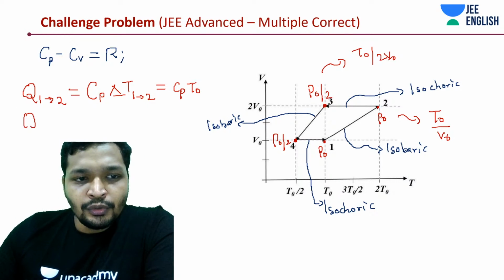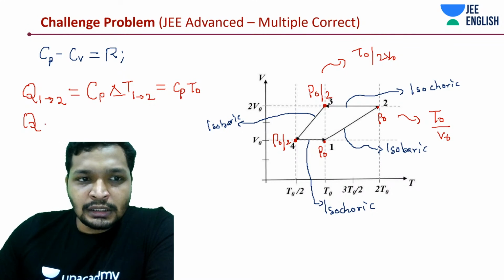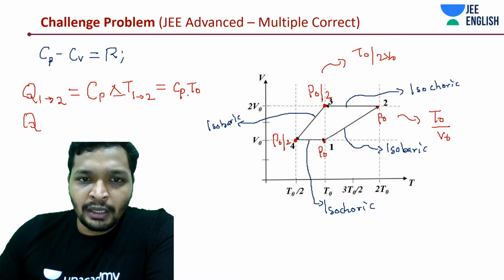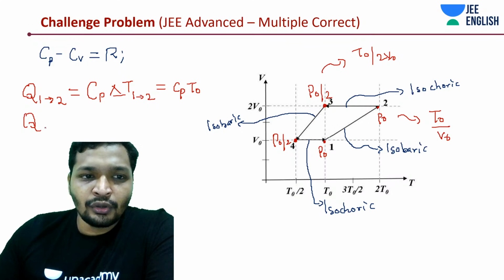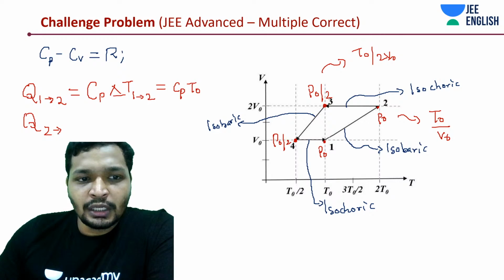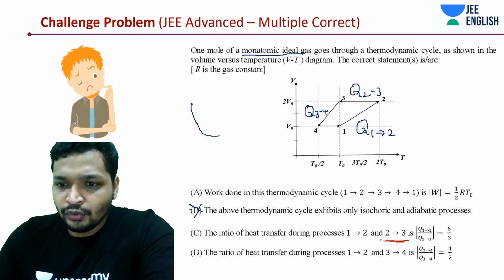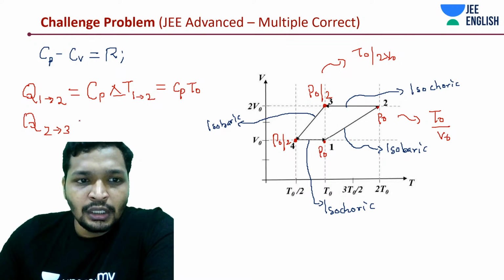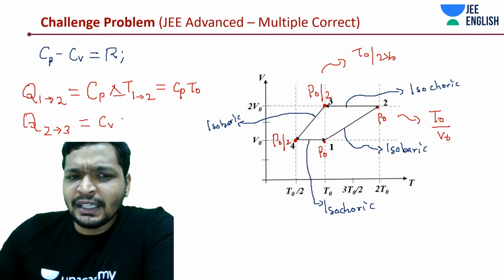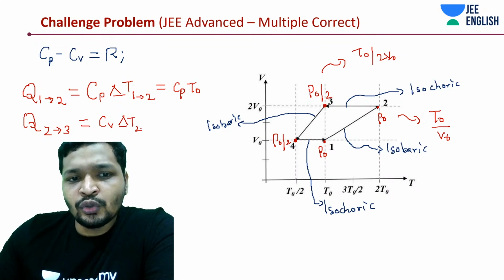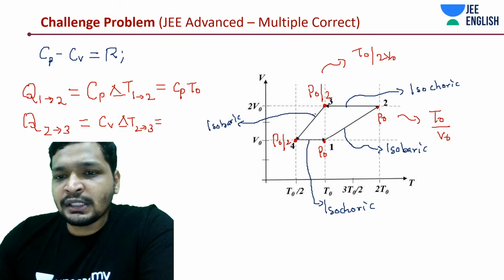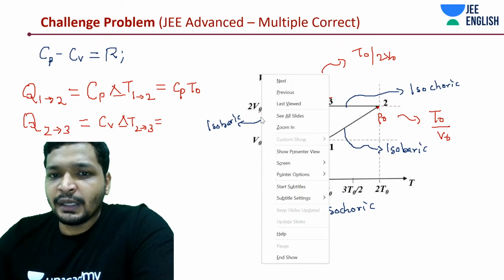This was isobaric. Now we are going to do the isochoric process, from 2 to 3. So it's going to be CV dT, or delta T from 2 to 3. How much is the temperature change?